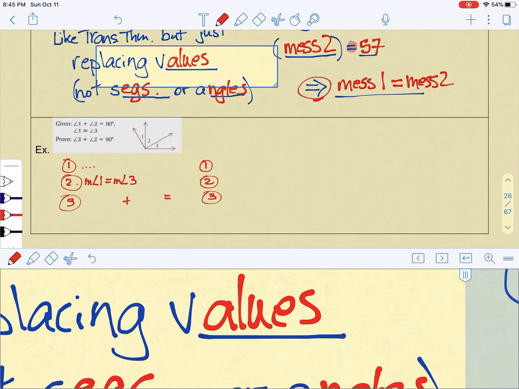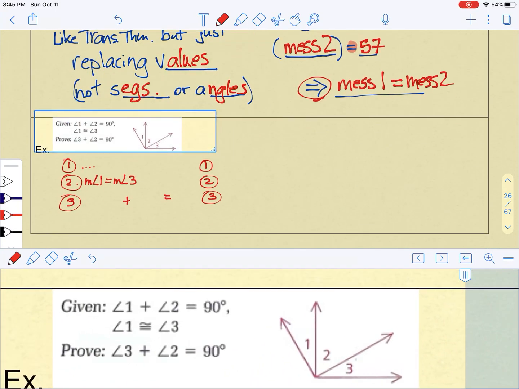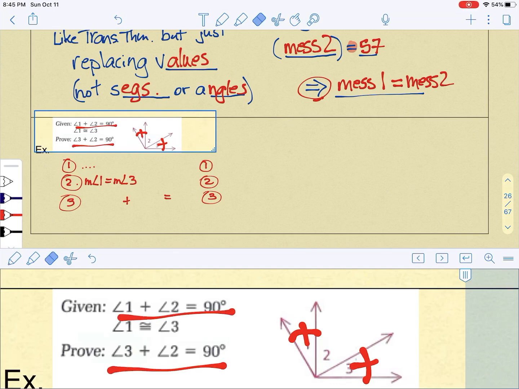All right, and a short little proof. Here in the diagram, we are given angle 1 and 3 are the same. And I want to show that 3 plus 2 is 90. Okay, I know that 1 and 2 is 90. All right, well, if 1 and 2 are 90 and 1 and 3 are the same, then we can replace 3 and put that in place of 2.